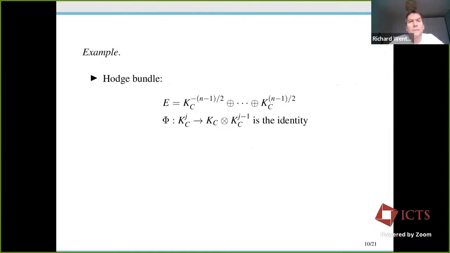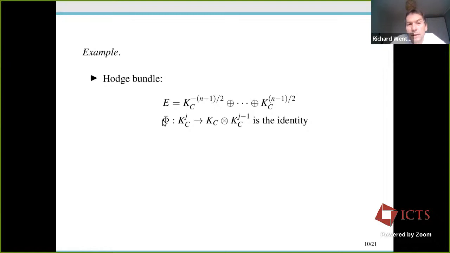Okay, so maybe I'll just give one example. This is the example that everybody's kind of familiar with, I think. One of the most important examples is this one. We take a root of the canonical bundle if necessary, and we take this direct sum.